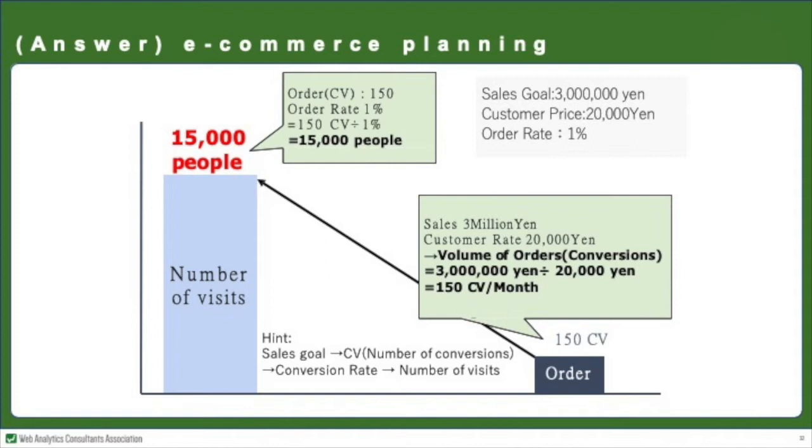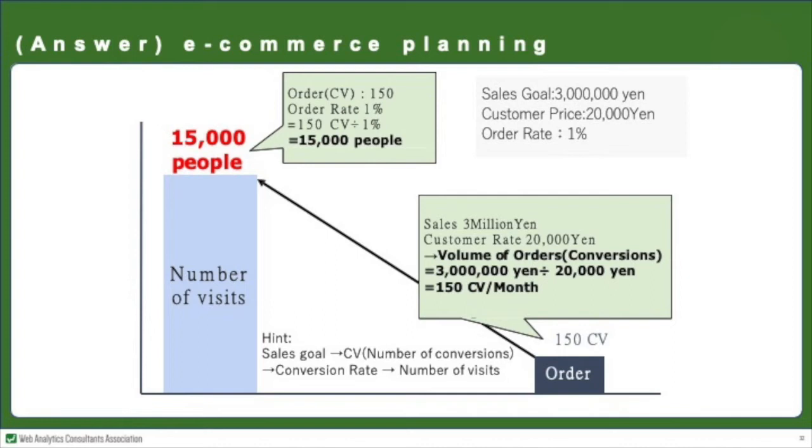Let me take one example. In this case, it's e-commerce, so conversion means buying. For a lead generation site, like a B2B site for me, the conversion is an inquiry to our company. Conversion differs depending on the purpose of the customer's website.